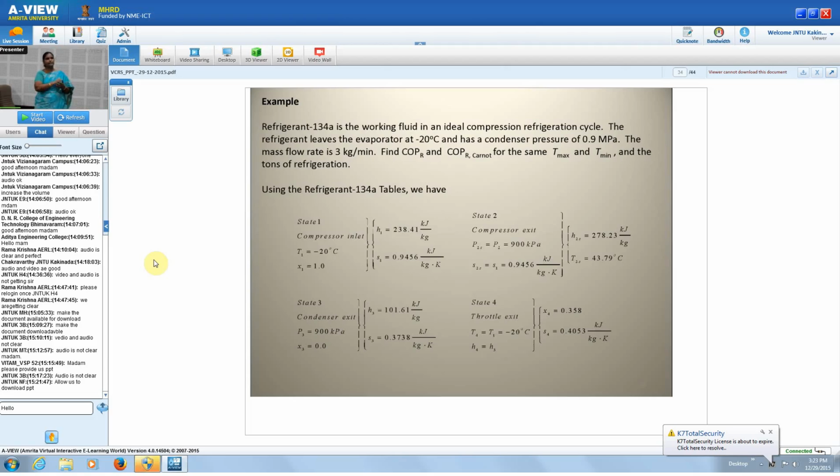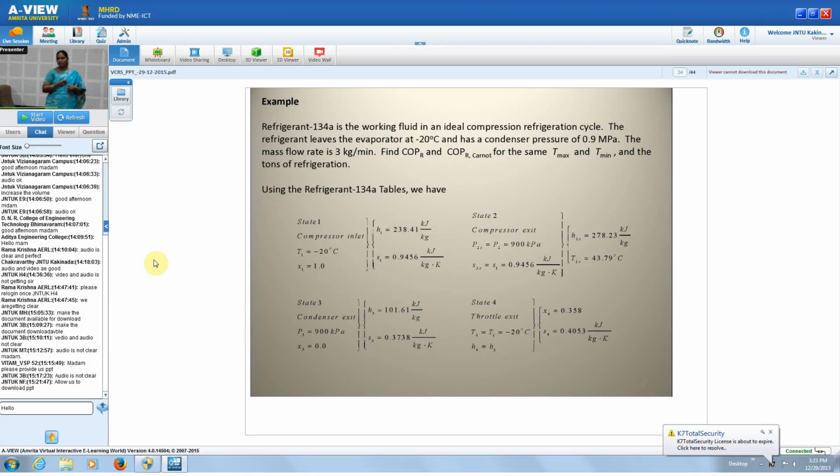Then 3 is after condensation. So here it is coming as saturated liquid. At 900 kilopascal, it is in the liquid state, so dryness fraction is 0. The enthalpy given at that exit condition from the condenser is 101.61 kilojoules per kg, and the entropy is also given as 0.3738 kilojoules per kg Kelvin.